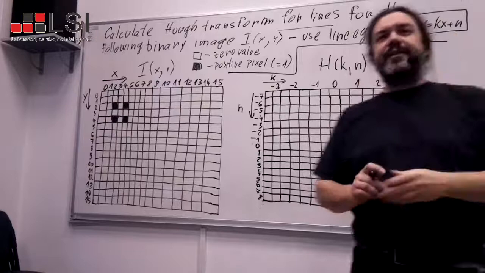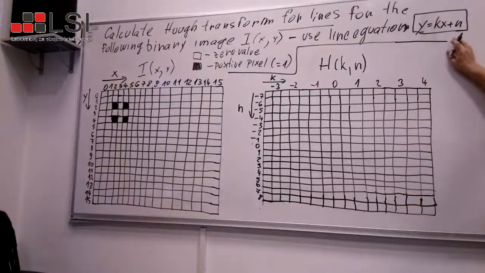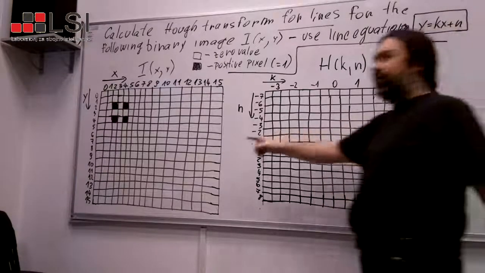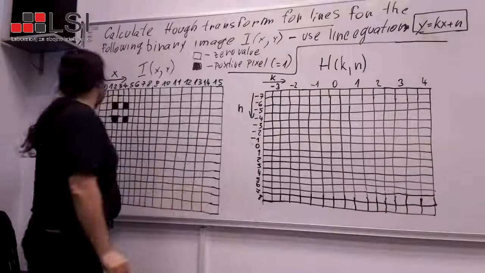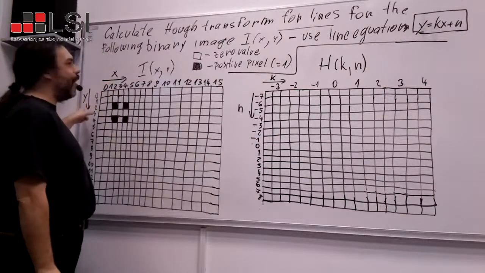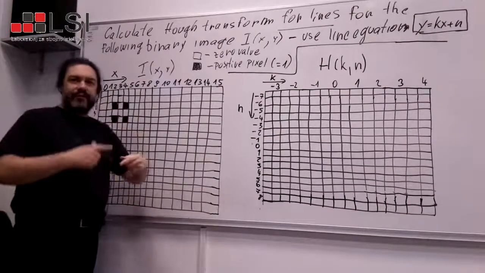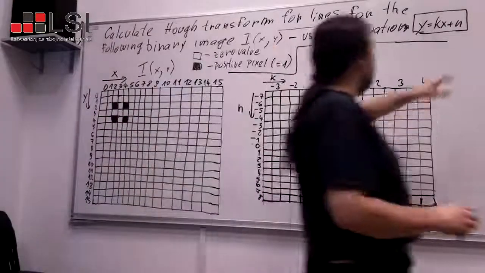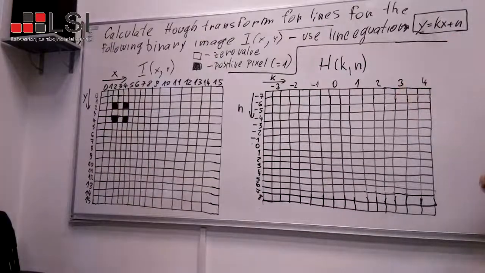So we look at this equation from a different side, because now it describes our image, because our image has dimensions X and Y. And when we are doing Hough transform, we look at our equation from the perspective where X and Y are constants, and K and N are the known and unknown.